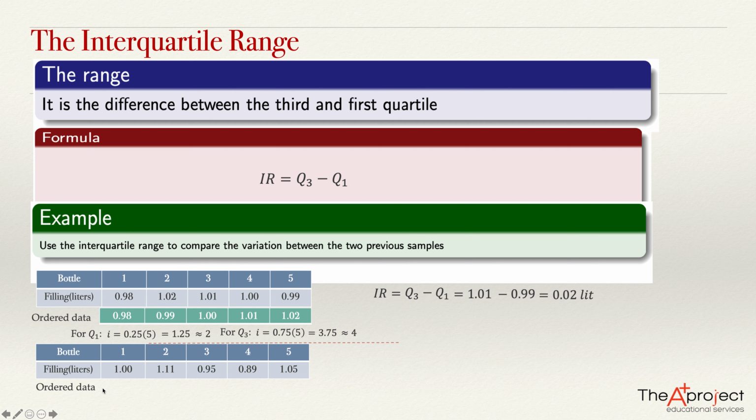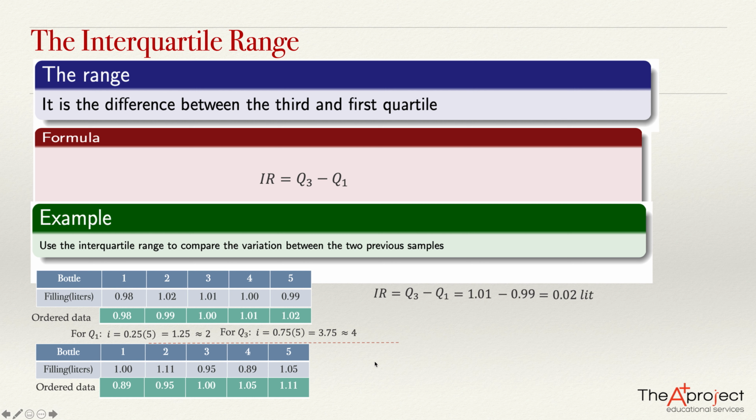So let's order the data. The smallest one will be 0.89, then 0.95, then 1, then 1.05, and finally 1.11.